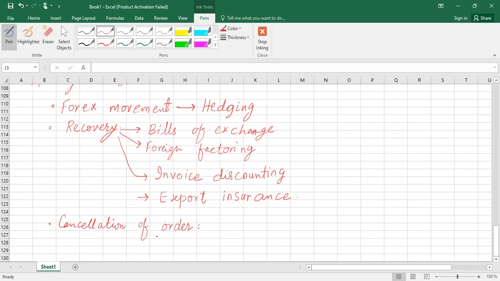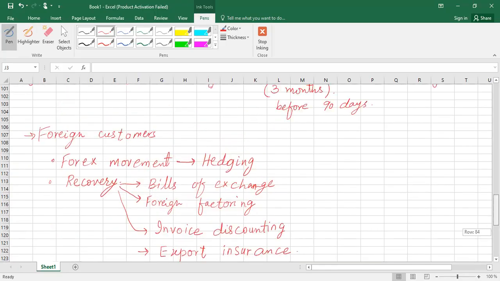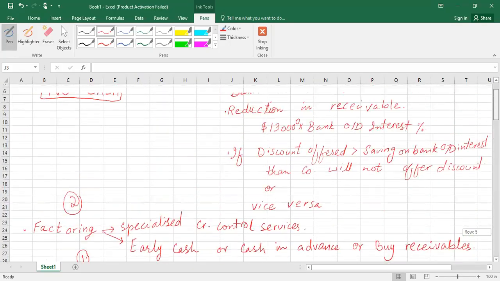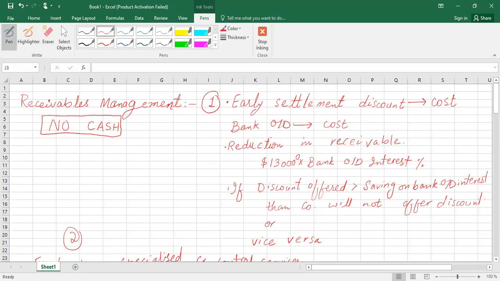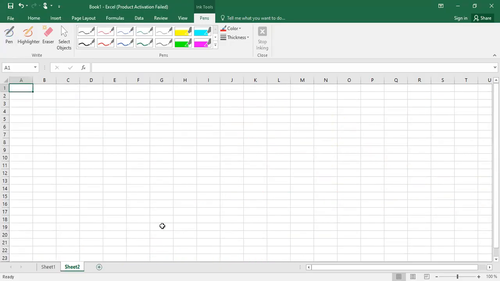In this case, a financial institution, either on your side or your customer's side, will take responsibility: they will purchase the goods from you and then sell or auction them in the market. They will hedge your risk and assure you that they will settle your liability and your receivables. You will not face any kind of losses or disadvantages if your foreign customer is not able to settle this liability.